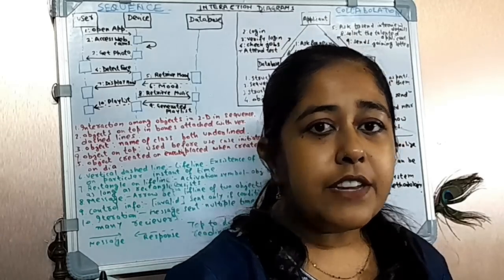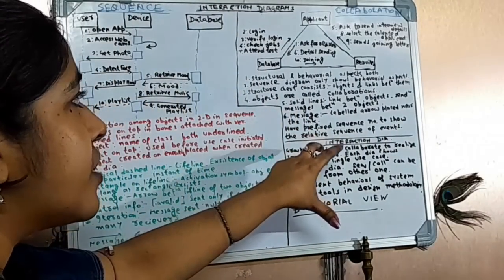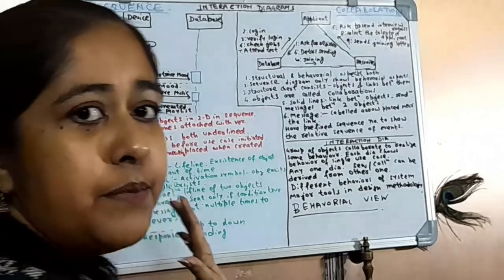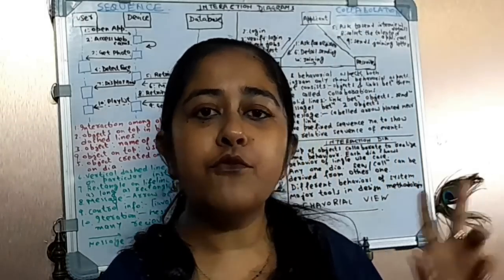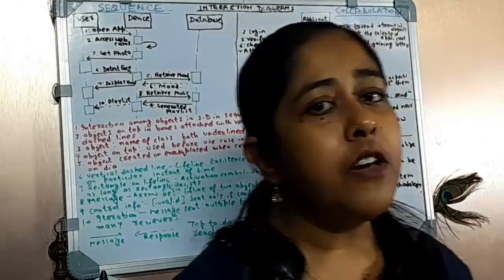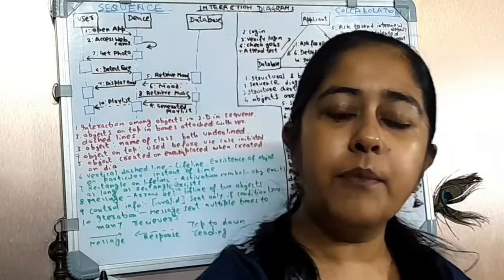But what is the difference? The difference is only one: one is showing the structural and behavioral aspects both, and one is only showing the behavioral aspects. But you can easily derive one diagram from the other. This is the main thing.